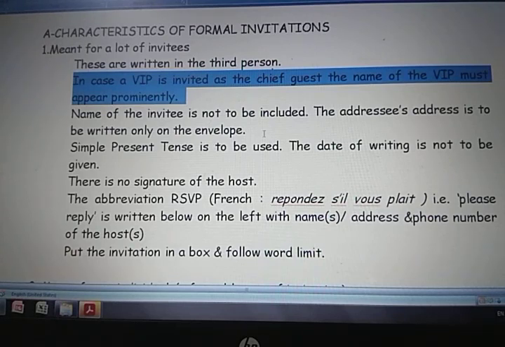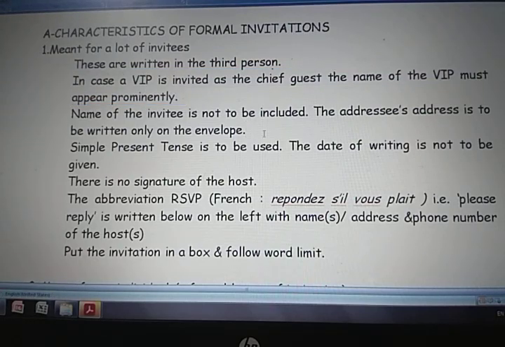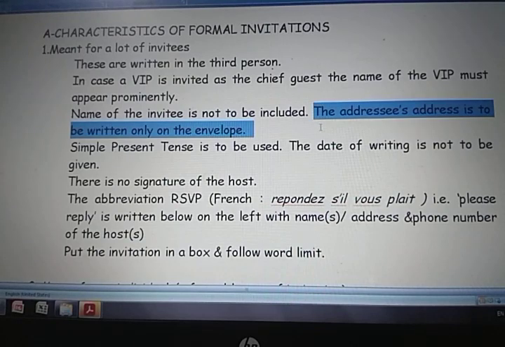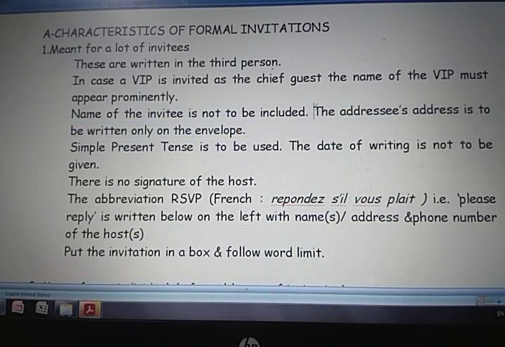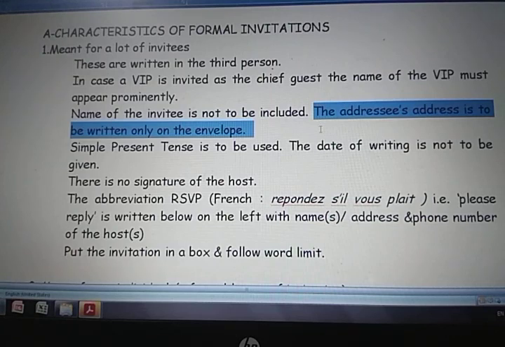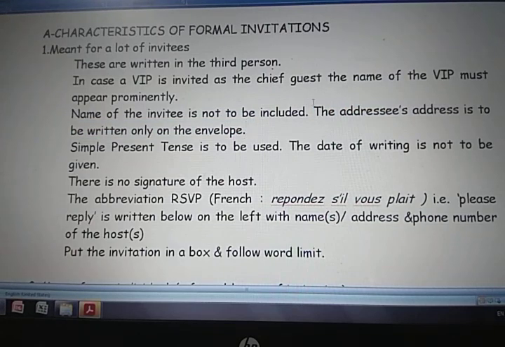Next. So ordinary invitees need not to be included. The address is to be written only on the envelope. You see, on the envelope, you have to give the address of the person who is inviting, telephone number, everything.